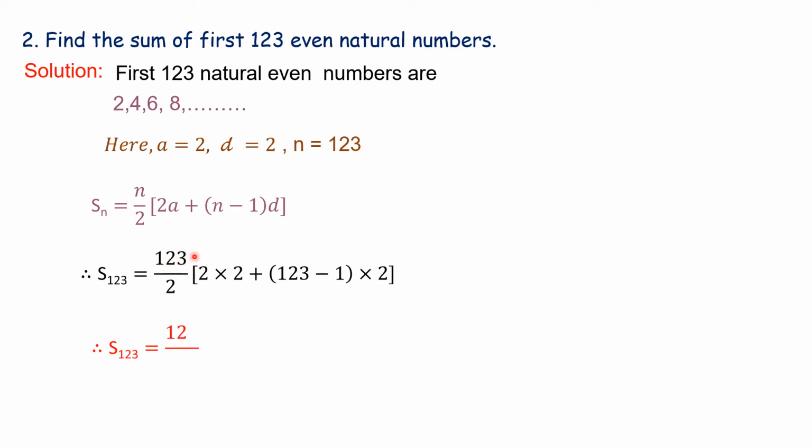Here in the numerator 123 is an odd number. When we divide by 2 we get a decimal fraction, so we write it as it is. Here 2 into 2 is 4, 122 into 2 is 244, so 123 upon 2 in bracket 4 plus 244.